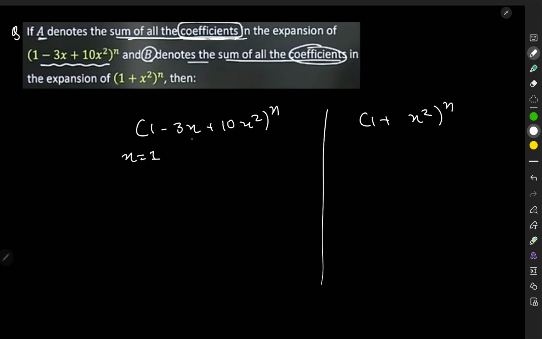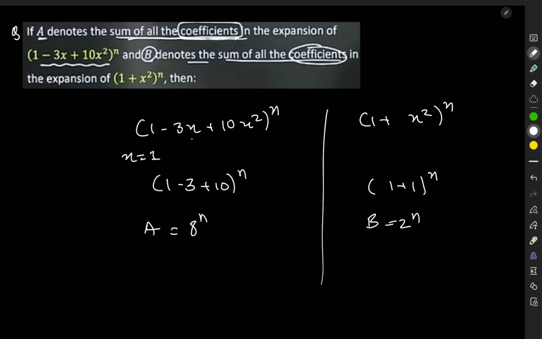Minus 3 plus 10 to the power n, and here 1 plus 1 to the power n, which is 2 to the power n. And what will you get from here? Which is 7 plus 8 to the power n, right? So what they are saying, this is A, this is B. If A denotes the sum of all the coefficients of the expansion, and B denotes the sum of all the coefficients of the expansion, then okay, what is the question?